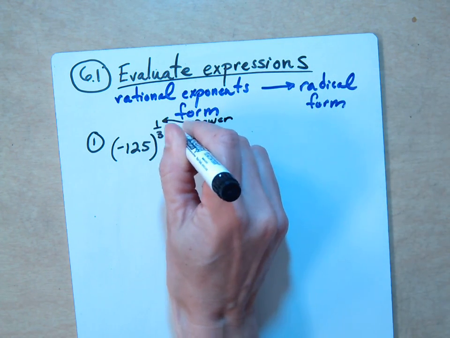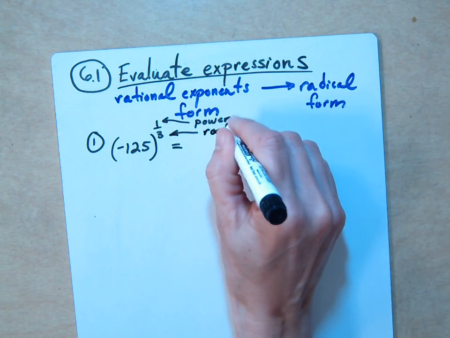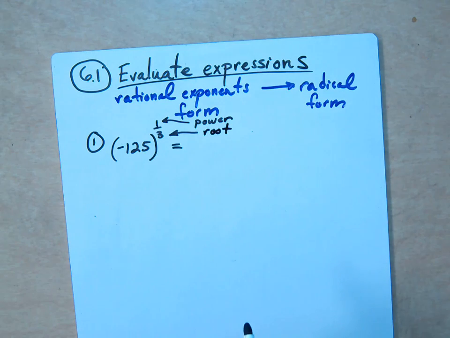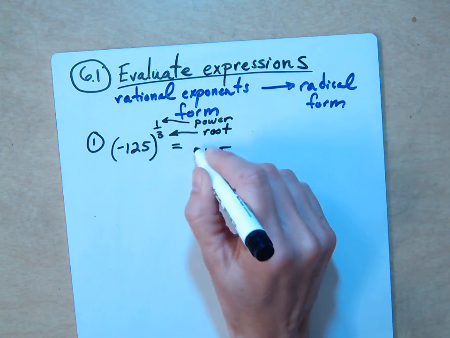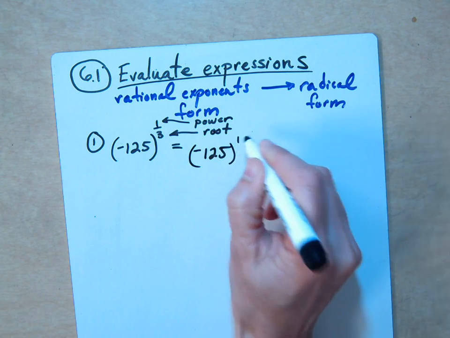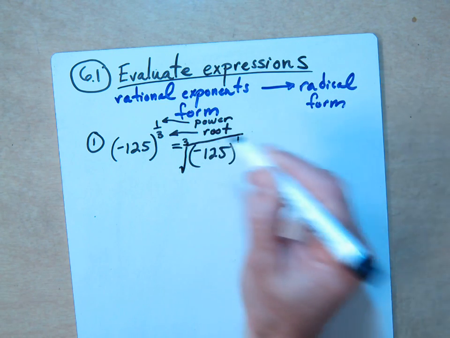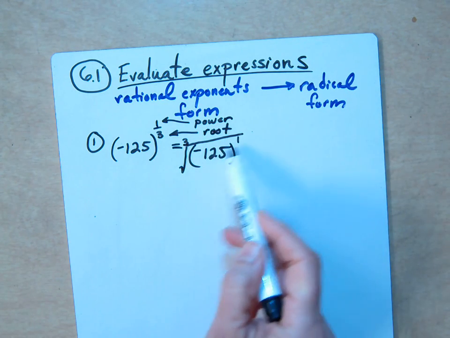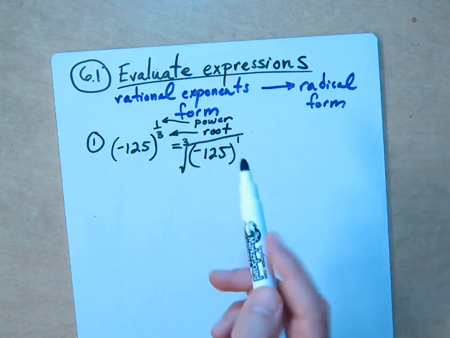And the bottom number in the fraction is the root. So that basically means negative 125 raised to the first power, and then the root is the cube root. That's so that you can see the 1/3 right there. Raised to the 1 power and the 3rd root.